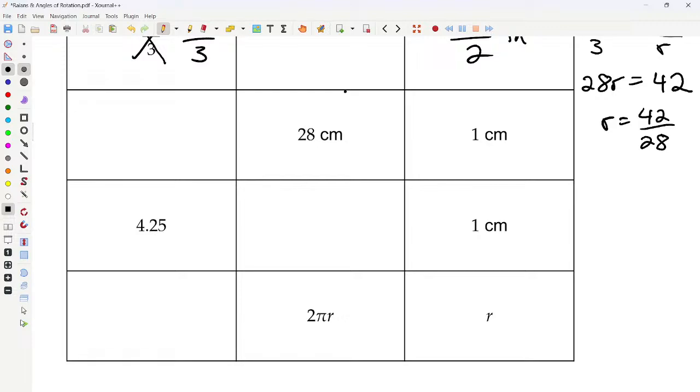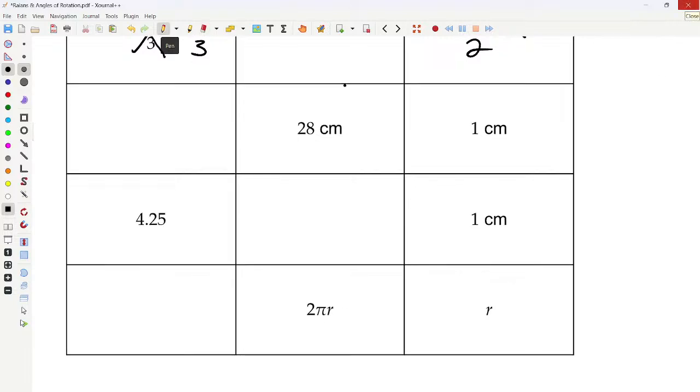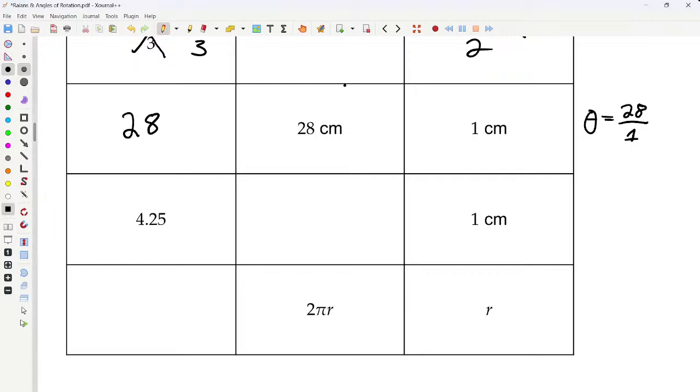Now we need to find theta again. It always helps to write a formula many, many times, right? So theta is S over R, 28 over 1, 28. That's interesting. Theta is S over R, 4.25 equals S over 1. And that was interesting.